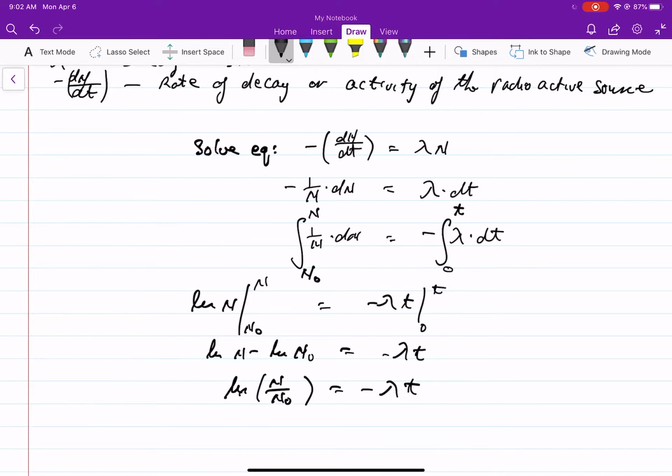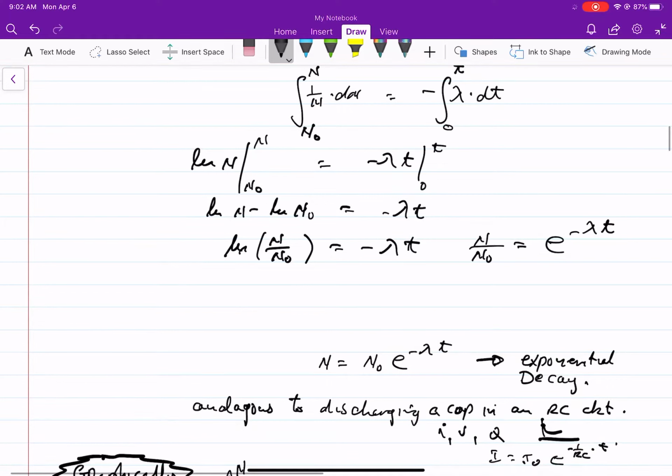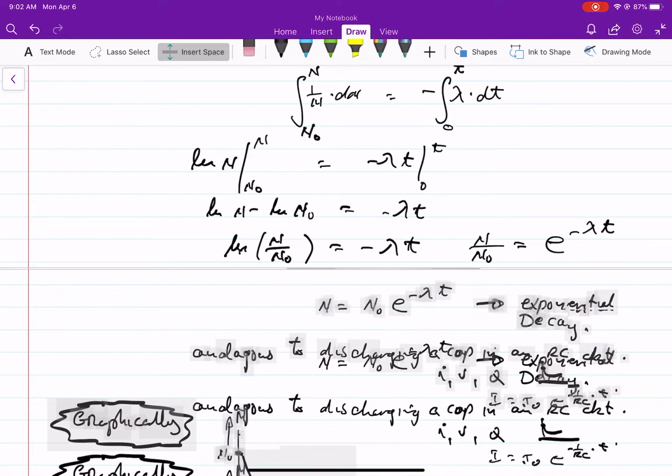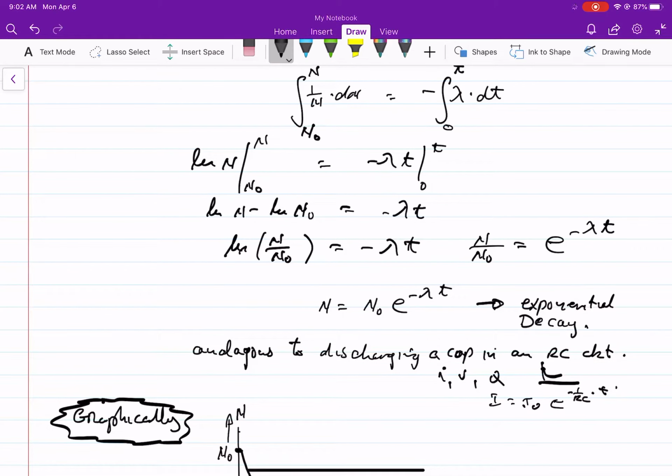Changing to exponential form, N over N0 is equal to e to the minus lambda t. Then I simply transpose the N0, and I end up with this equation right here, which I'll pull up. That's the solution to that differential equation. There it is.